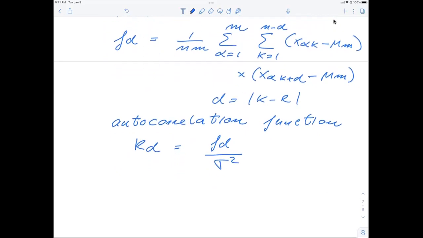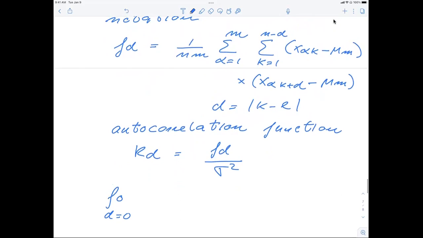Now, if you now look at the f of 0, so this is the case with d equal to 0. If you now look into the expression, what you will see is that this is actually equal to 1 over n, and it has a sum of alpha equal to 1 up to n, and it has a sum which goes from k equal 1 up to n, and it's simply x alpha k minus mu of n squared.